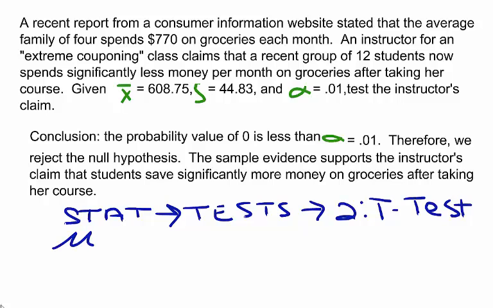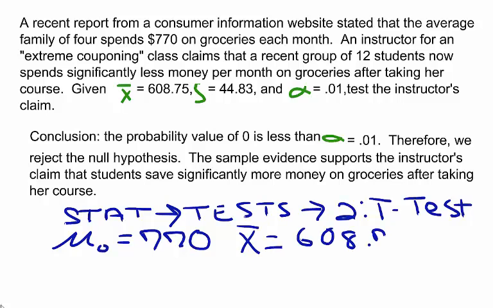Our null hypothesis, symbolized in the calculator by mu null, mu sub 0, we'll type in 770. Our sample mean x bar, 608.75. S sub x is our standard deviation of x.